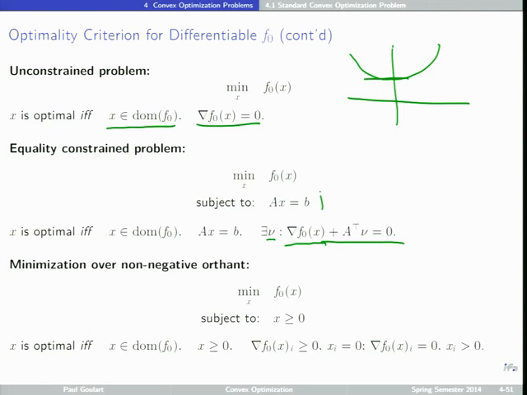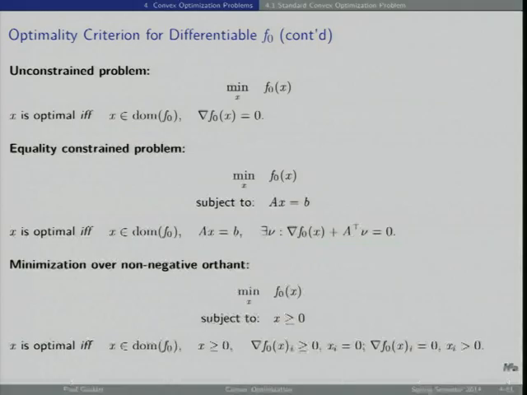Okay, so I'll try to draw you a picture of why this is true. My claim is that if I have an equality constraint, then the gradient has to equal A transpose nu for some nu. All I said was that there had to exist some vector nu that makes this true.